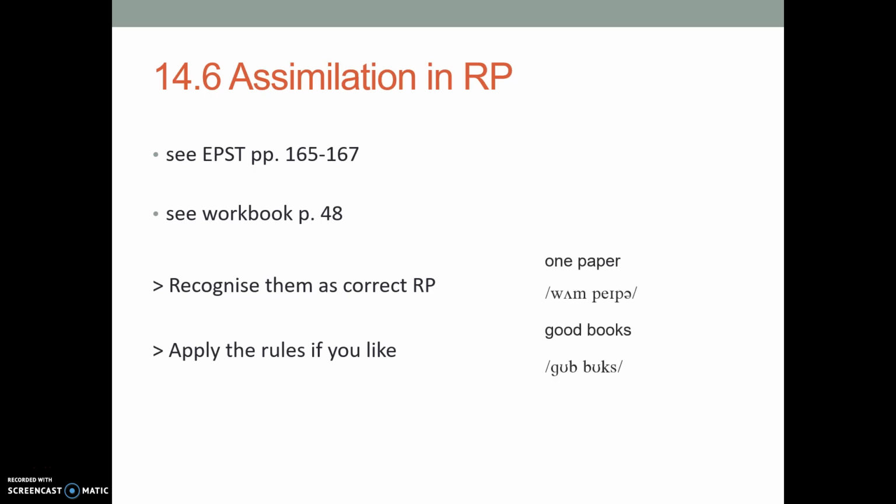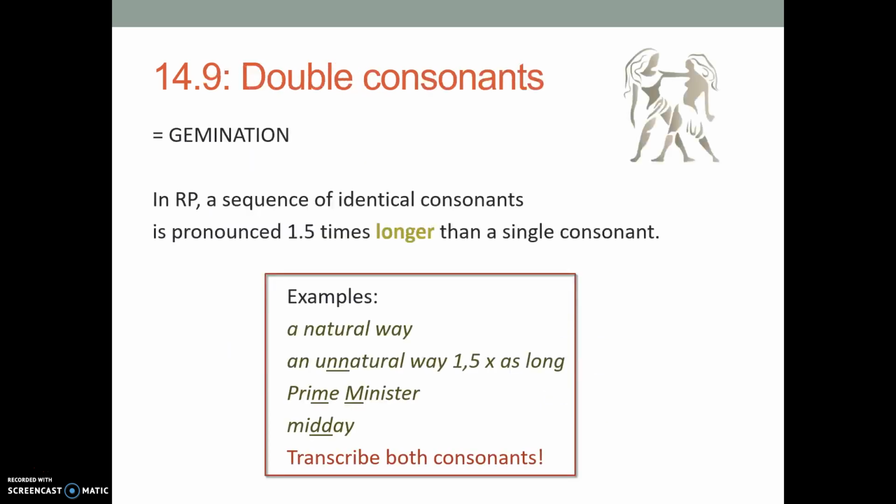And you have some examples here of RP, which is good RP: one paper and good books, and this ship, 3 examples. This is something which is in your reader. This is a term which is not in the book, gemination. This is something where I said you don't have to study it. I noticed it's in the exam, so all you need to know, basically, is that gemination is RP.